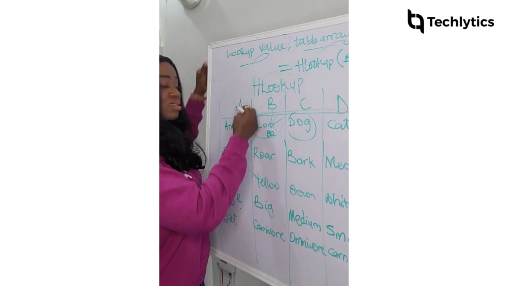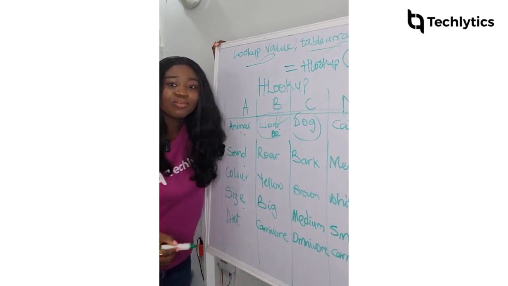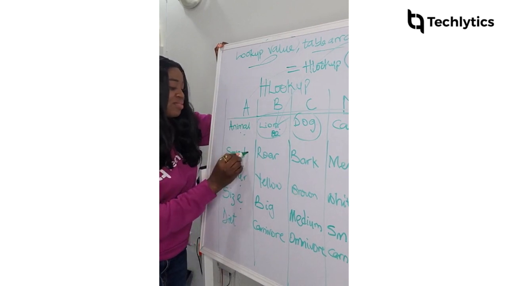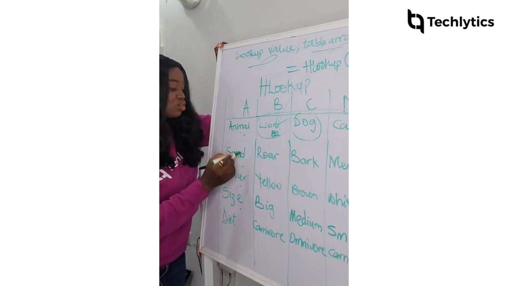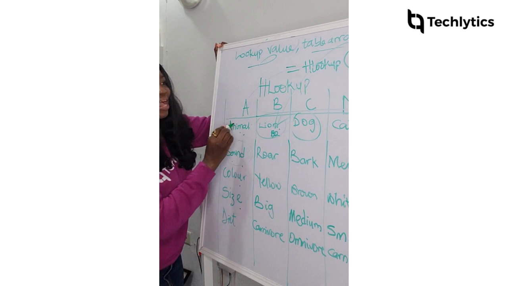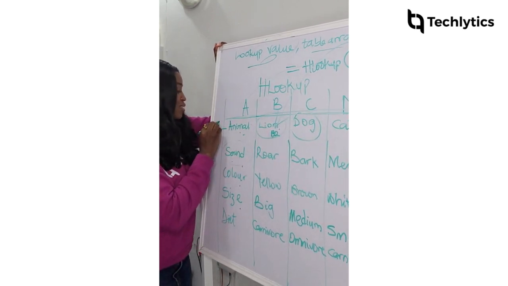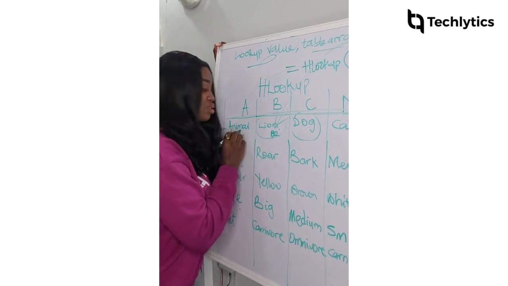Now I'll look at my table. Where does sound fall? Sound falls on the second row. So let's say this is A2, A3, and sound is here. If my entire array is coming from B, then this is my first column as far as this data is concerned.